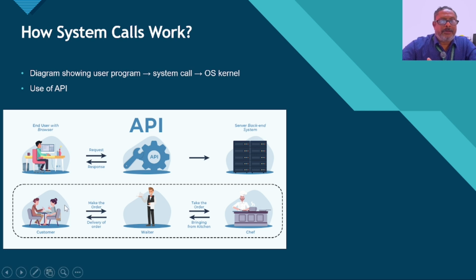So the interaction between the customer and the chef is always done via the waiter. The customer cannot directly interact with the chef. So we have in between what we call a waiter, and on similar grounds what we have is the API.